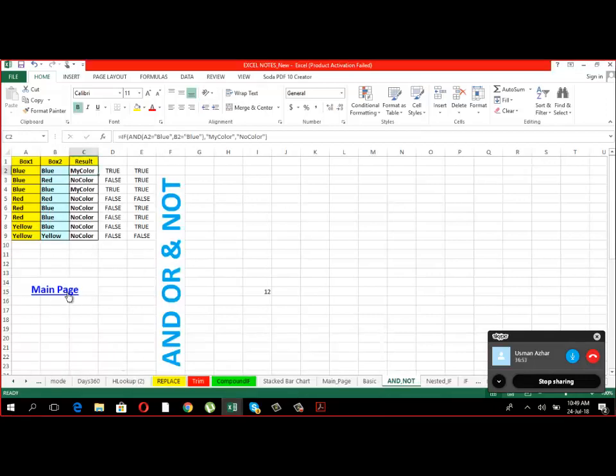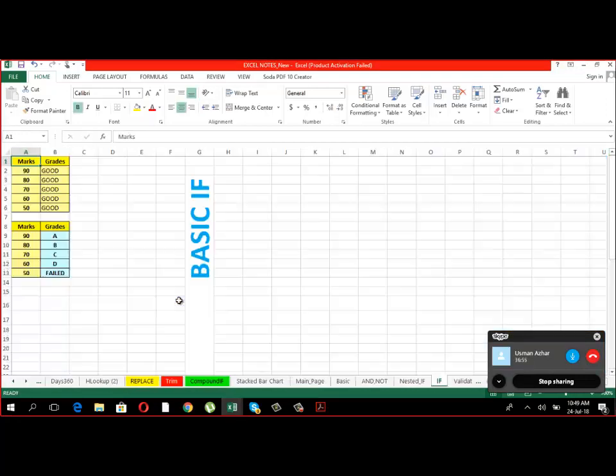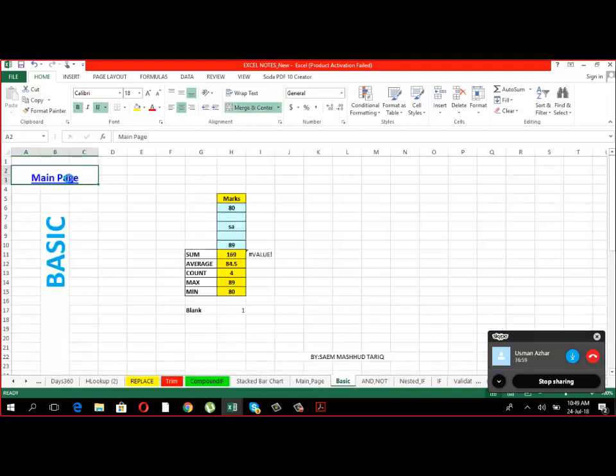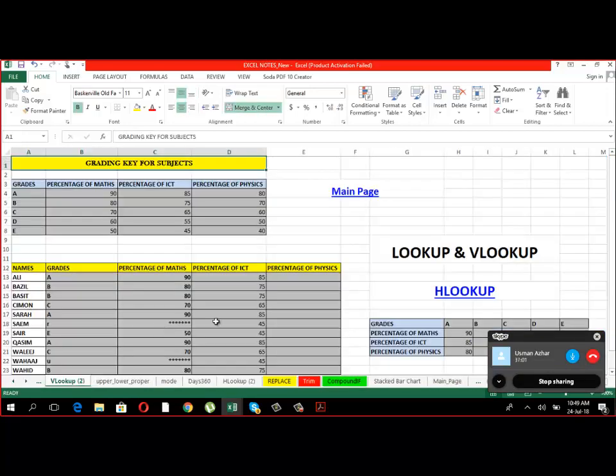Look over here. Last time, in this example, if you remember, where did I go? In this example, remember, I wrote 3. Why 3? Because this was 1, 2, 3. ICT was 3, remember? That's why I wrote 3.